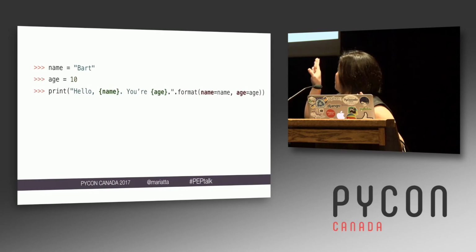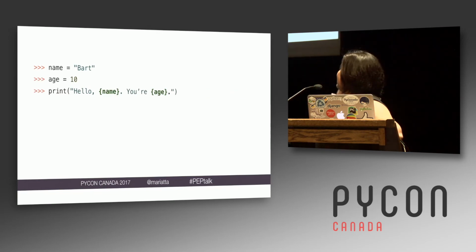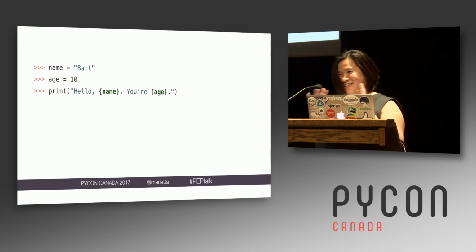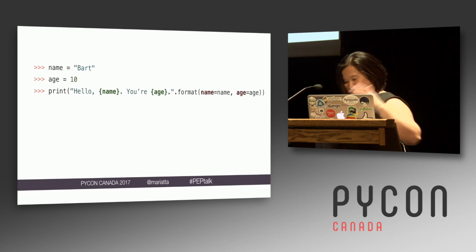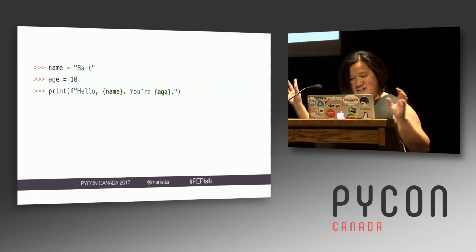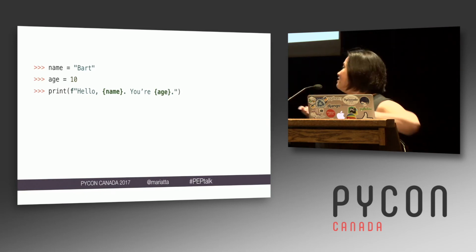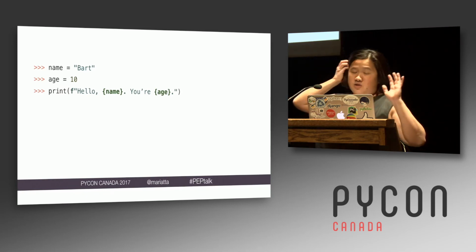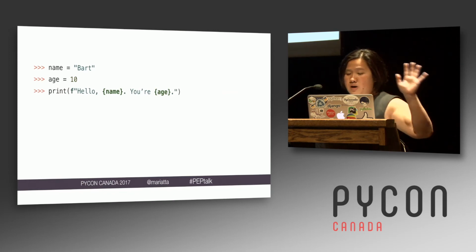From the .format all the way till the end, take that off. Isn't it fun? All that long line of code, take that off. Put an f in front. That's it. That's an f-string. This is all there is to it. You put an f in front of your string. This is what came out of PEP 498.